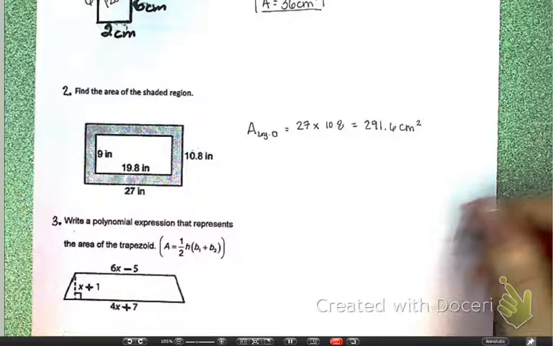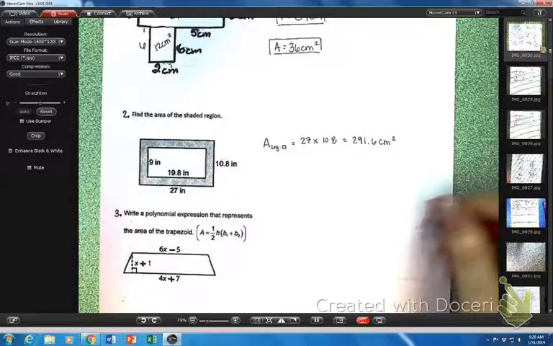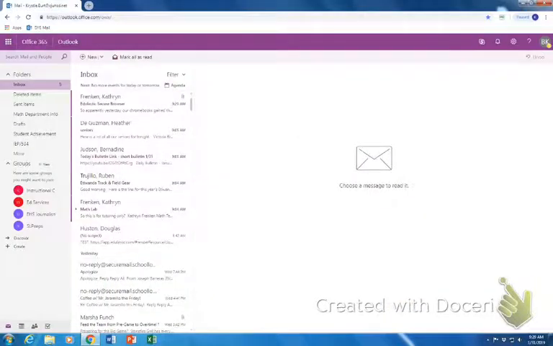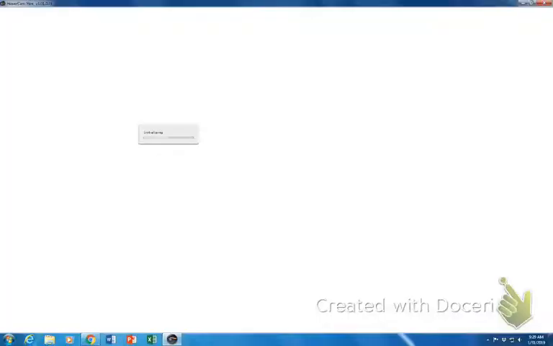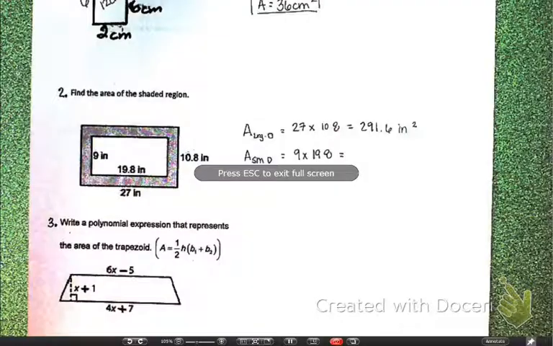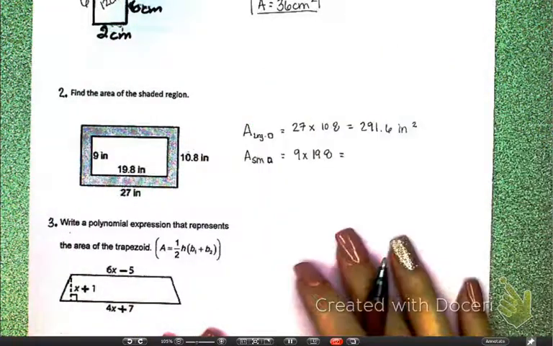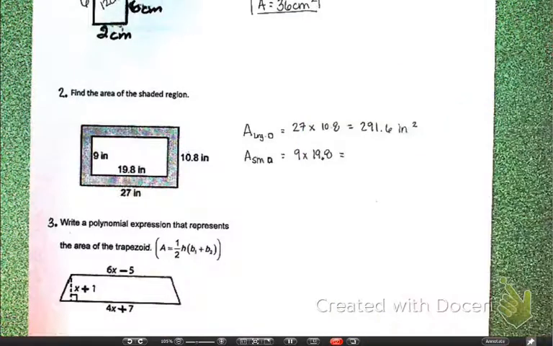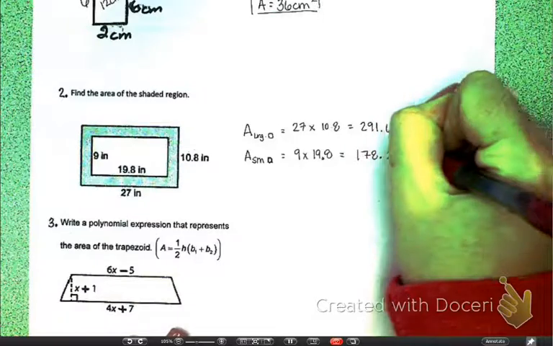And I end up with what? Hold on. Stand by. There we go. Okay, so the area of the smaller rectangle is 9 times 19.8, which is 178.2 inches squared.